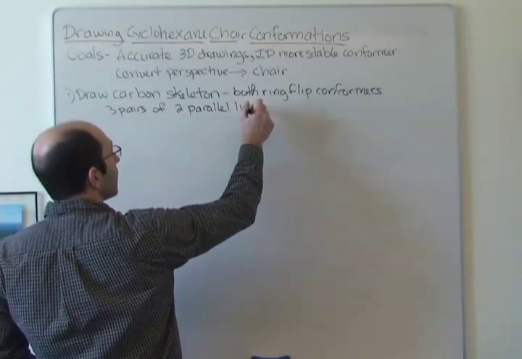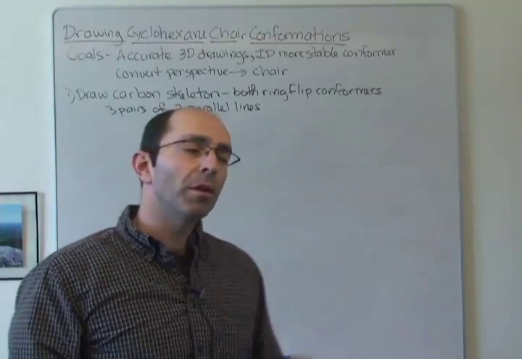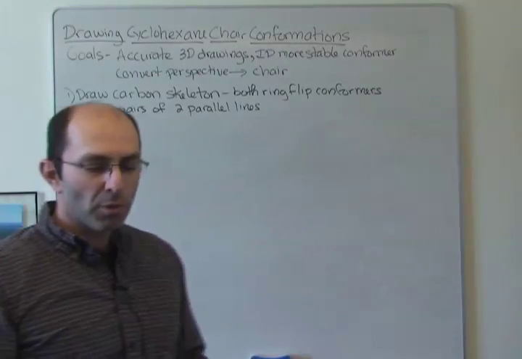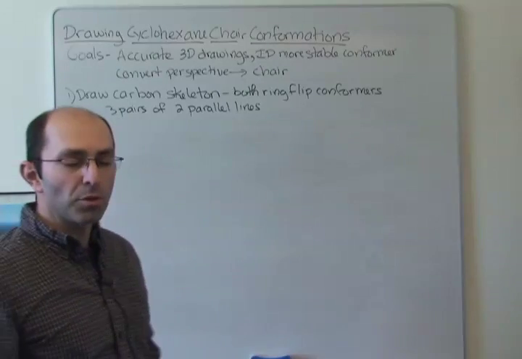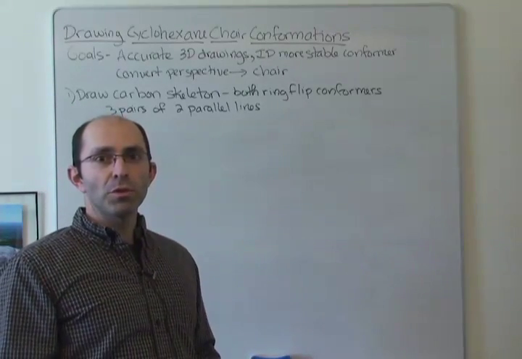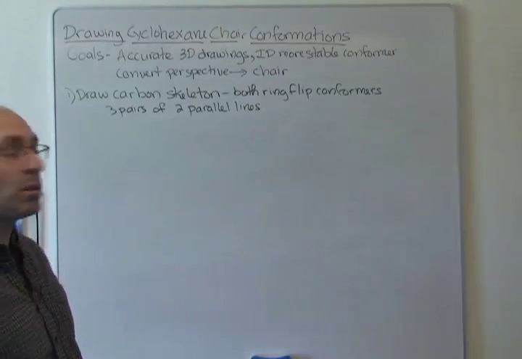Klein has a strategy for drawing this in the book. I'm going to give you a different strategy. Whichever one works for you is fine. Everybody has their own strategy. Find one that works for you so that you can get structures that look good and that you can draw accurately and quickly.